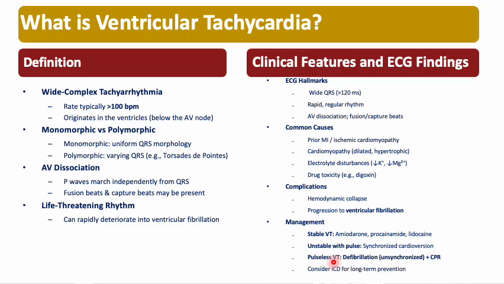And if they're pulseless, then you're going to defibrillate, which is unsynchronized, and resume your CPR. I would consider an ICD for long-term prevention, meaning the ICD will do the cardioversion for them.